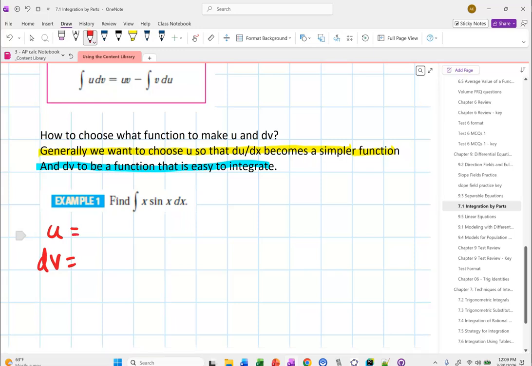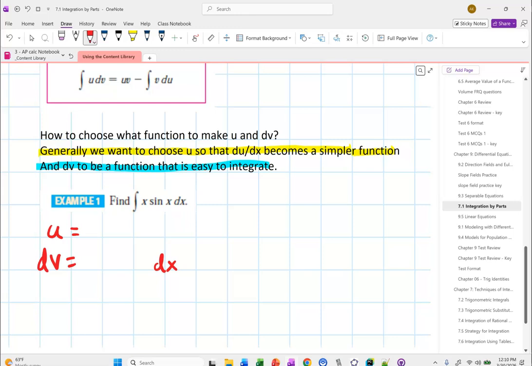So I want to first start by picking the parts of x sine x dx to go into the u and the parts to go into dv. Now the dv part is always going to get the differential piece, right? So I know the dv is going to include the dx. Sometimes that might be all dv needs to be, is the dx.